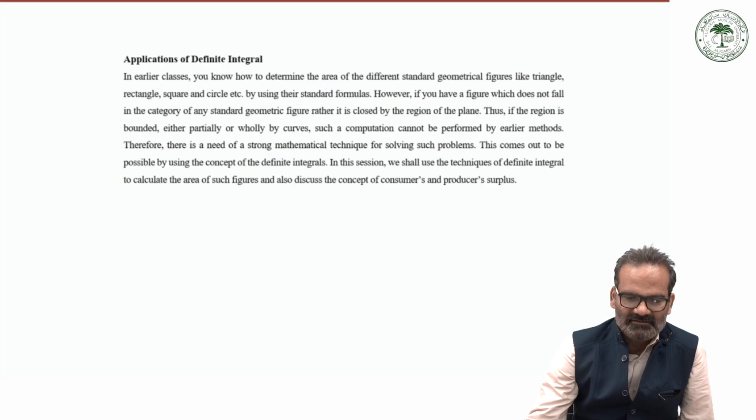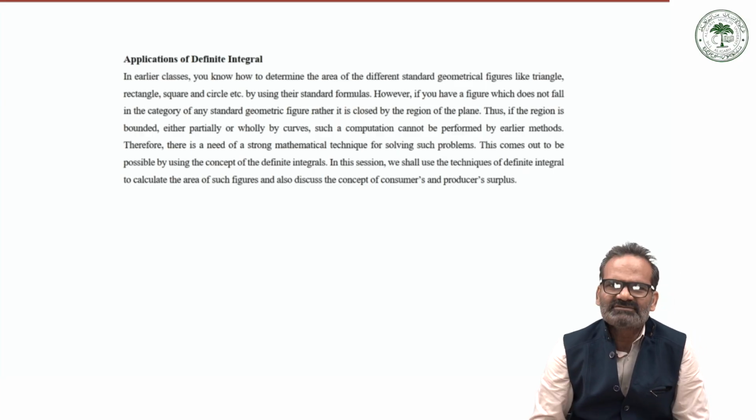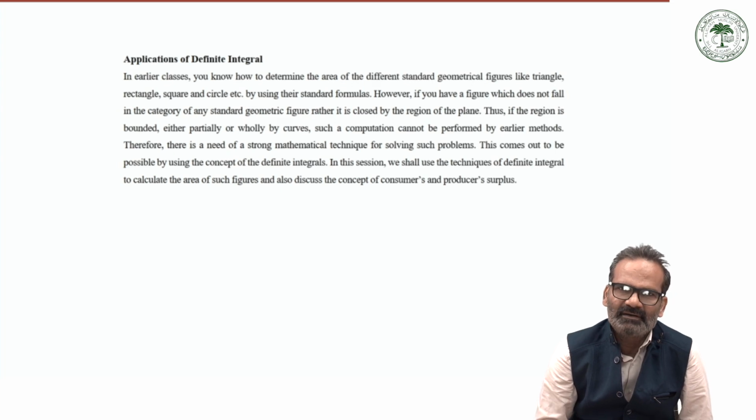In the last lecture, we have discussed definite as well as indefinite integrals in detail. Then we used some techniques and methods to find the integrals, that is definite as well as indefinite integrals, of the various functions.